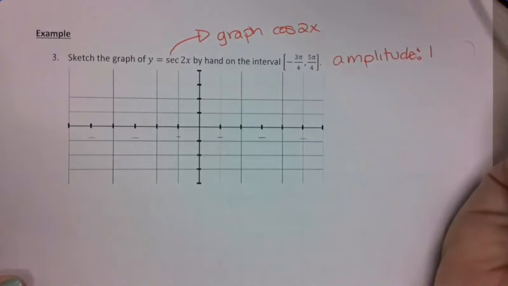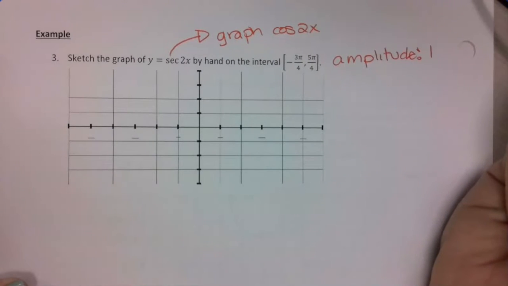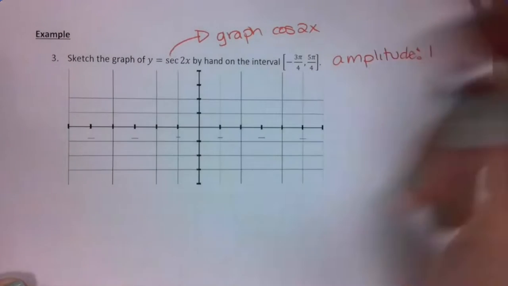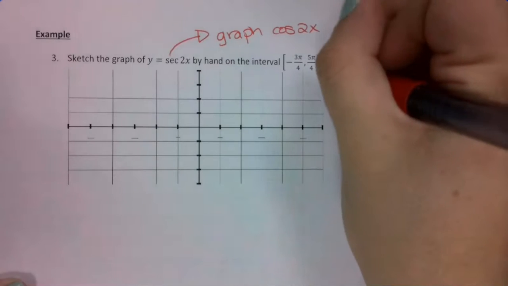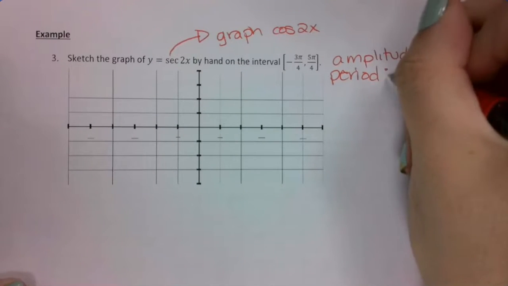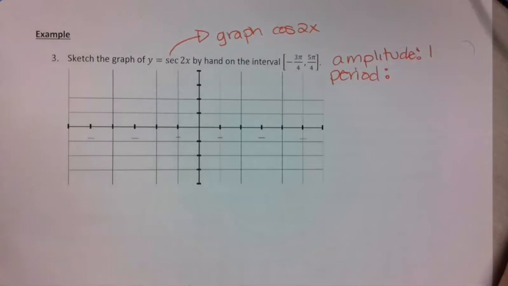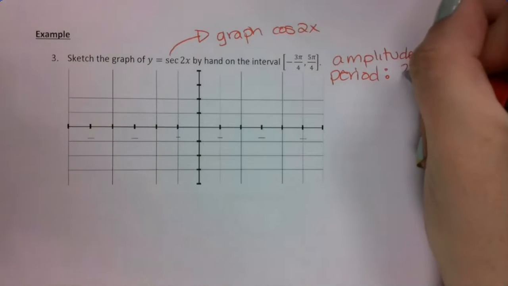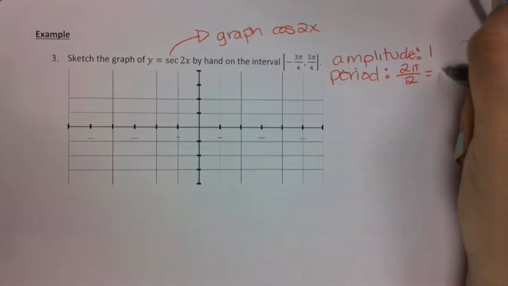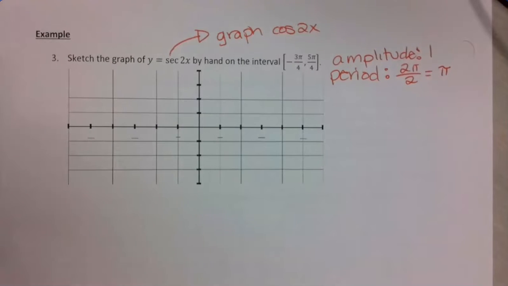Is there a phase shift? No, there's nothing being added or subtracted to that 2x inside parentheses. Period. Is there a coefficient in front of that x? Yes, so I'm going to take 2 pi and divide by that coefficient, which is 2. So my period here is pi.